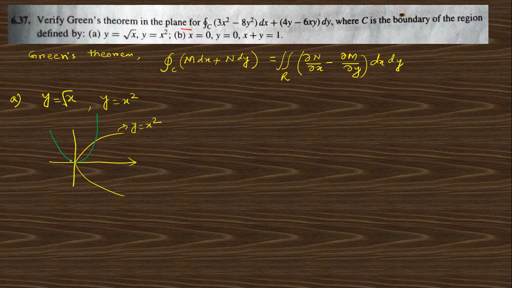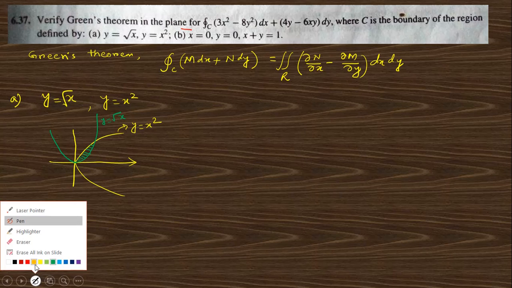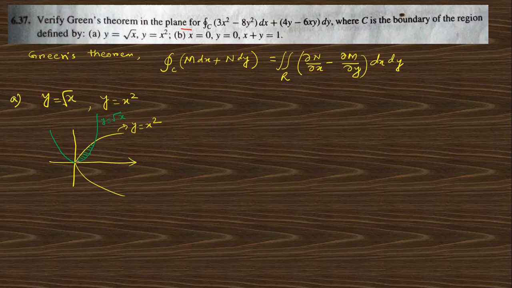So the common region is this. So we need to find the integration of this. For the line integration we need to go from O to P, and then come back from P to O. The coordinate of O is 0, 0.